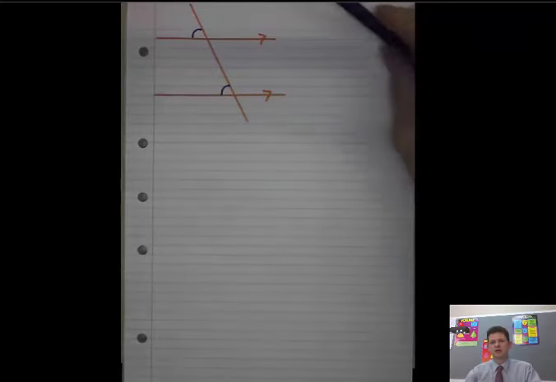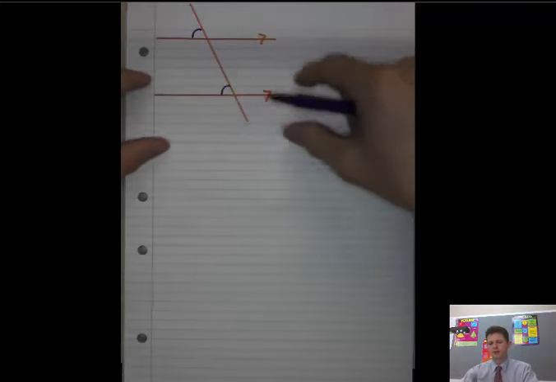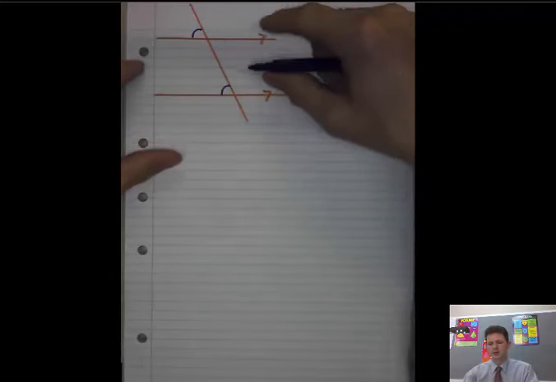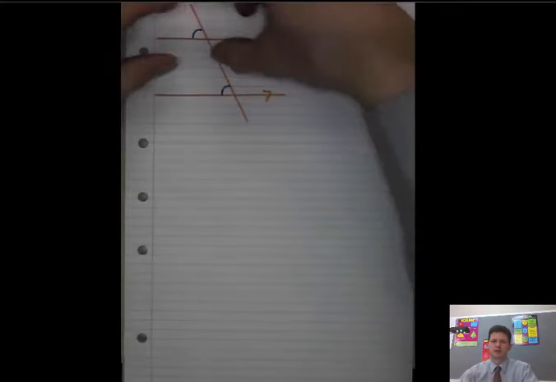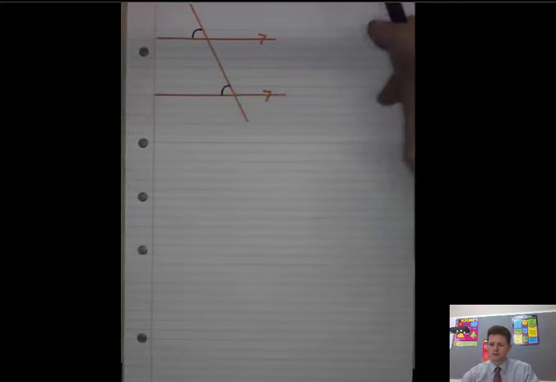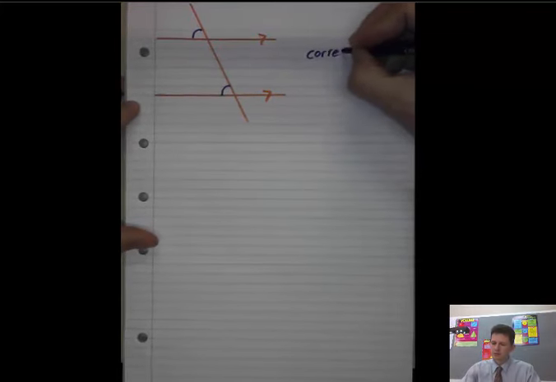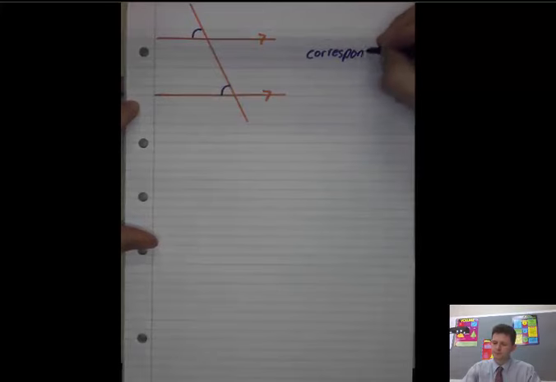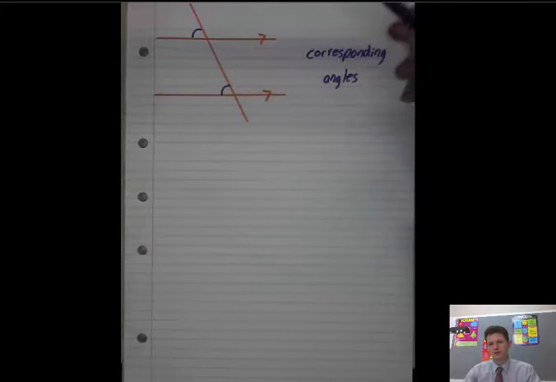Now basically what we've got here is the exact same angle on a different parallel line. Okay, so it's almost like a copy and paste of this up to here. And these ones are corresponding. Now if we've got the exact same angle, then obviously it's going to be exactly the same size. So corresponding angles are equal.